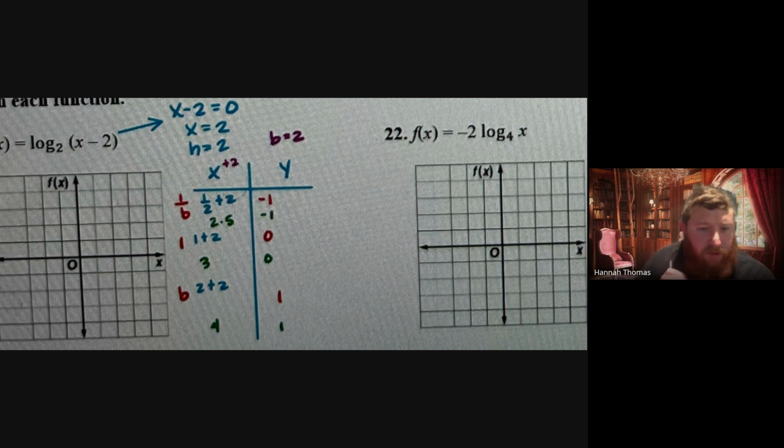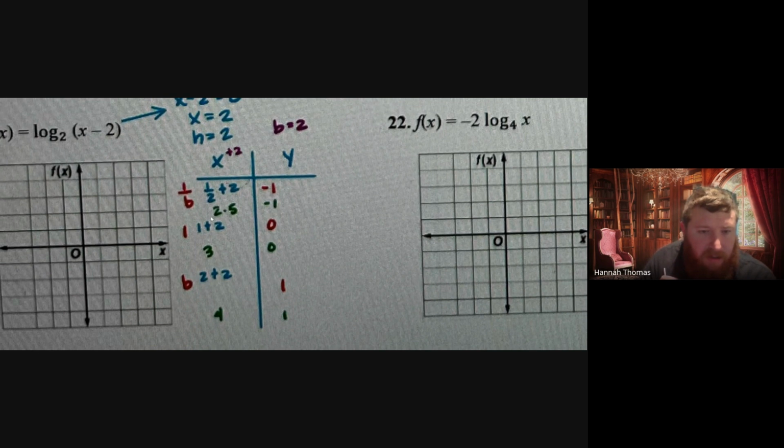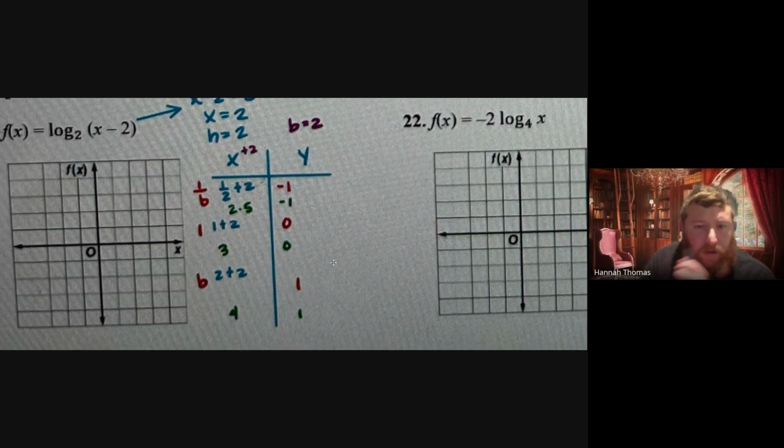I guess from not seeing him talk it out, he wants you to work with the base, 1 over the base, and then 1, and then the base. Okay, and so you end up with -1, 0, 1. But the graph that we did was the exact same, regardless.